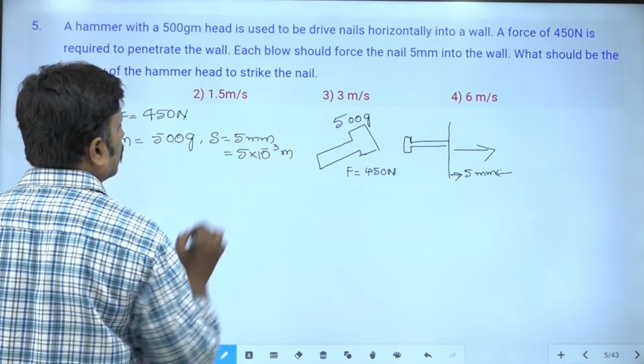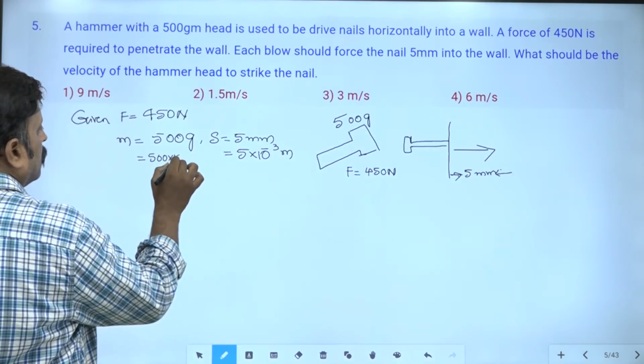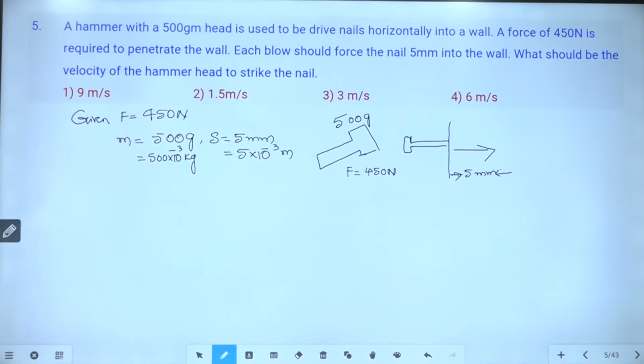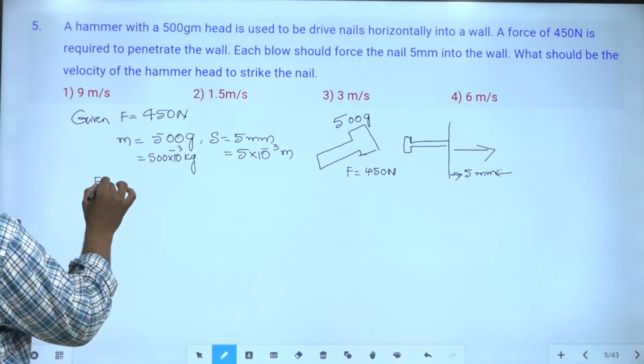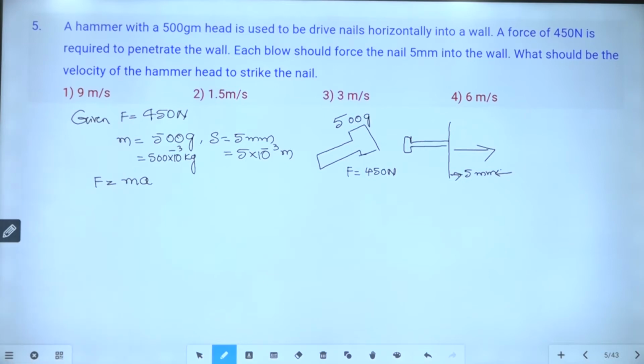So 5 into 10 power minus 3 meters. This is 500 grams, nothing but 500 into 10 power minus 3 kg. Okay. Now, let us use the formula F is equal to ma.